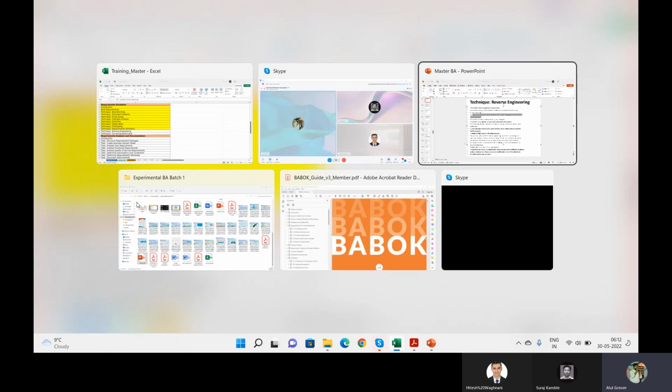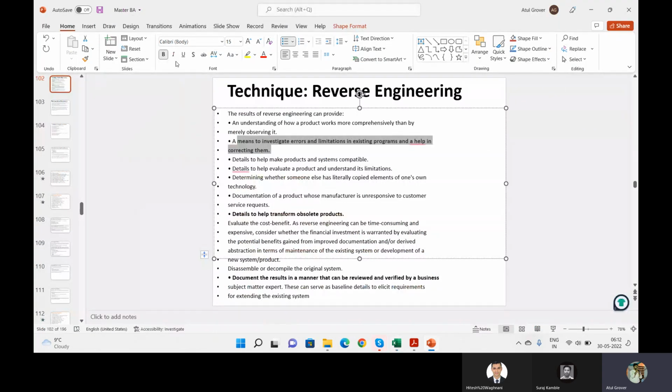Here are the same points we were discussing yesterday. It is an understanding of how a product works, more comprehensive than merely observing. It means you enter that particular product or tool to understand how it's working.